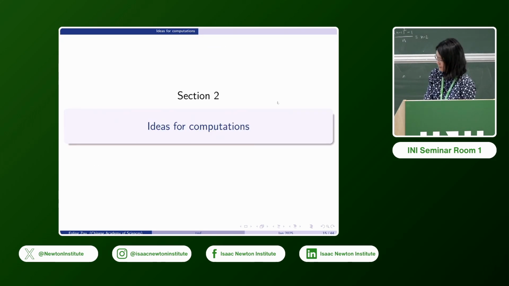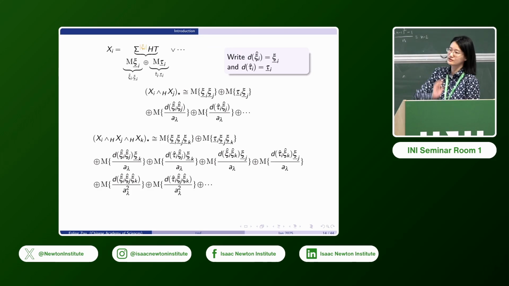There was some trick, which we have not figured out why, but it worked: you put some formal notation that you let d cos i hat equal cos i underline and d tau i hat equal tau i underline, with the Leibniz rule. Then there is a way to write down all these shifted bases using this notation.